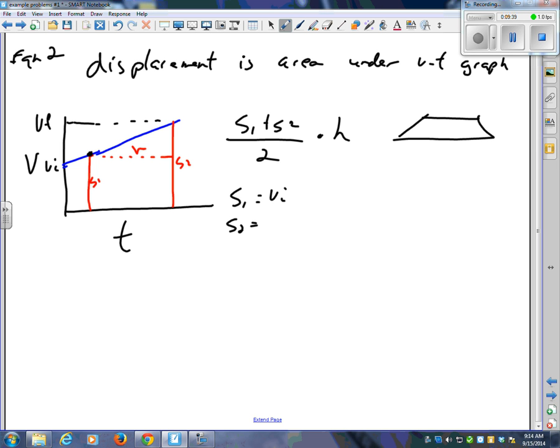Side 2 is equal to VF. And my height is equal to my difference in times. Now here's where I'm going to have to use that delta T. And the area, which is the displacement, is equal to side 1 plus side 2 divided by 2, so that's VI plus VF divided by 2 multiplied by my height, which is delta T.